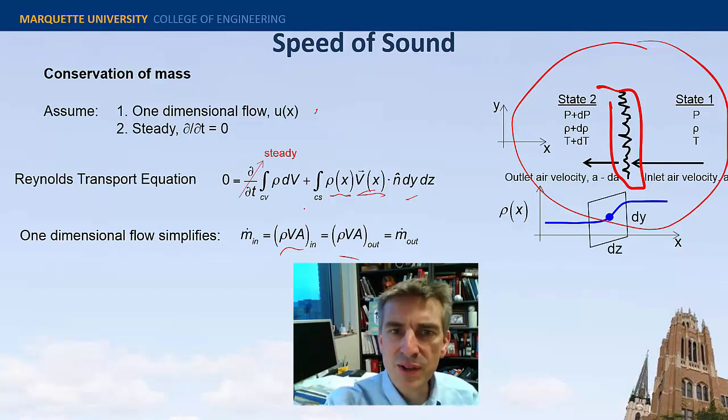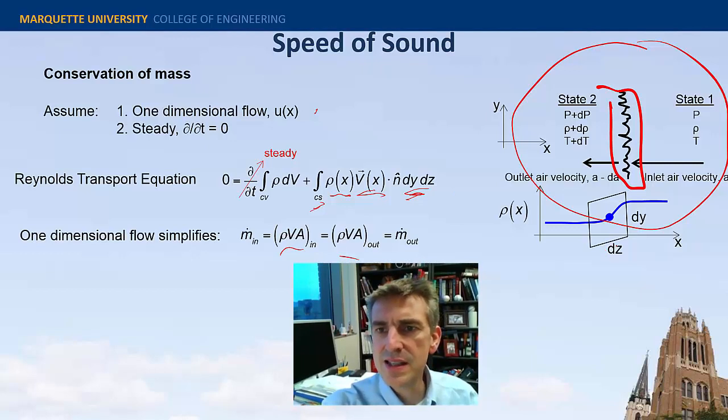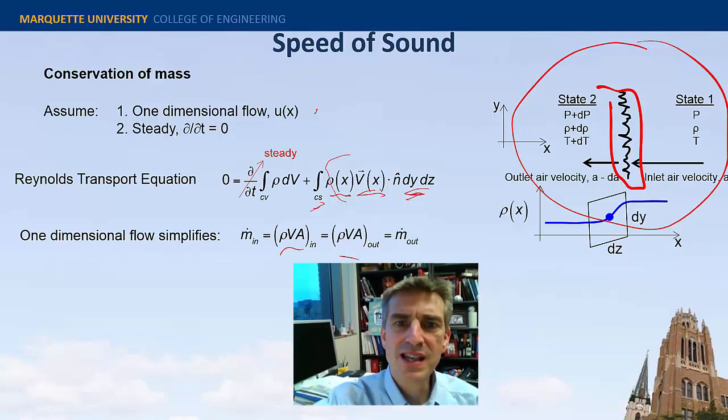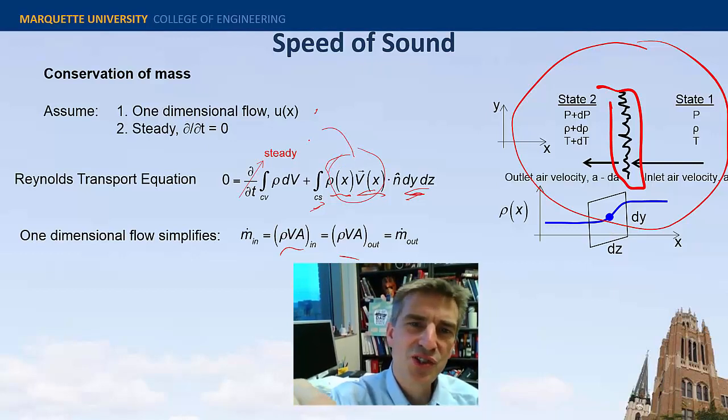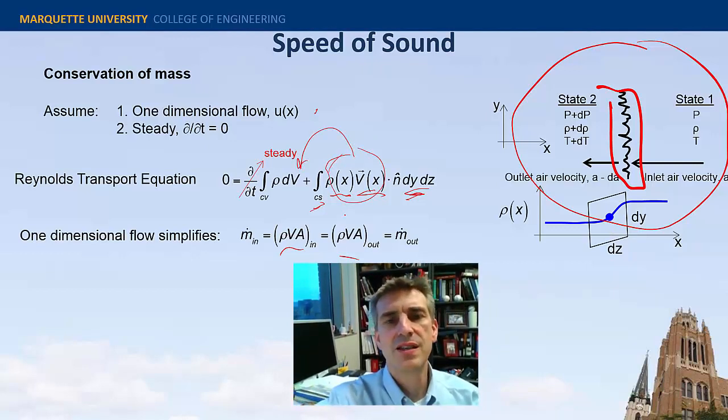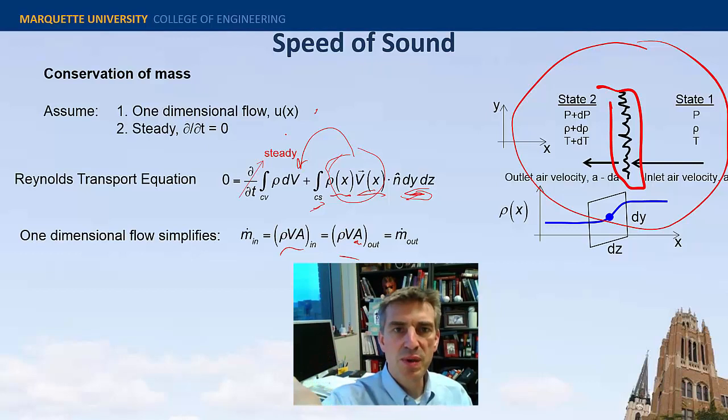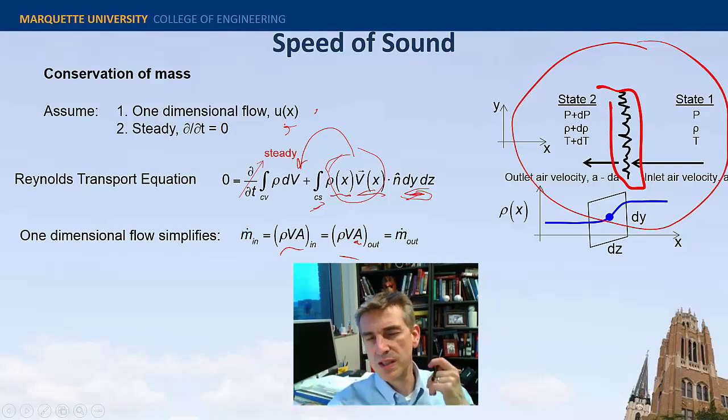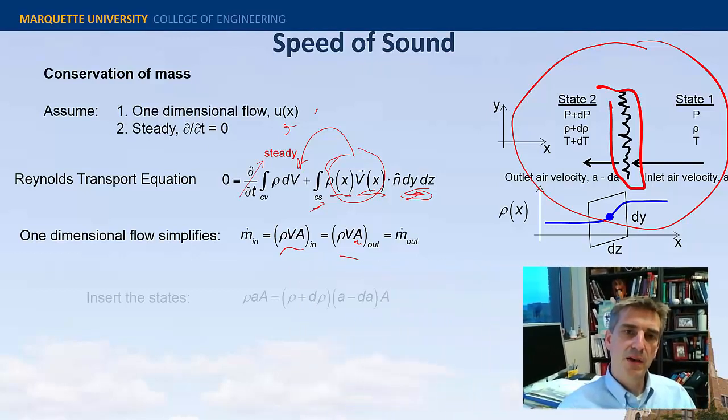And this integral here is in the dy dz plane. And so these can be functions of x and still be pulled out of the integral. And so that's what we've done here. We've pulled them out of the integral. The integral of just the area gives us just area. So we've got ρVA equals ρVA, even though they vary with space and are compressible in the x direction only.